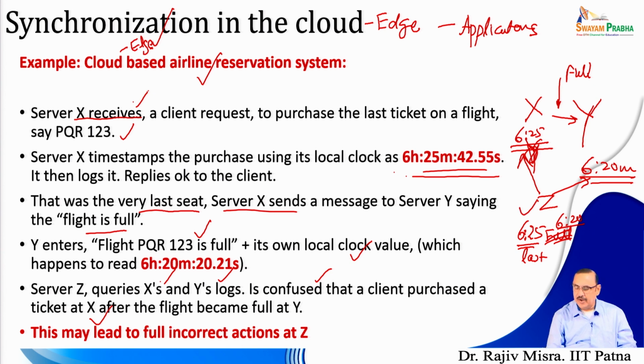Server Z will get confused about how come at 6:20 server Y could see that the flight is full, while at 6:25 X could purchase a ticket. So, this confuses the client if the clocks are not synchronized.